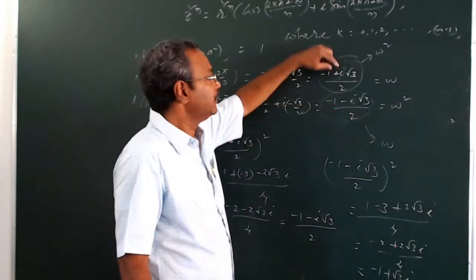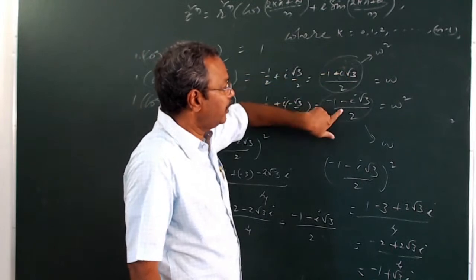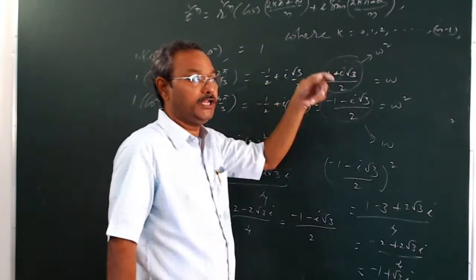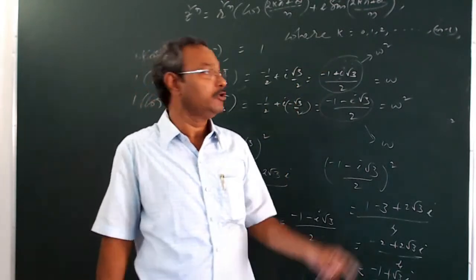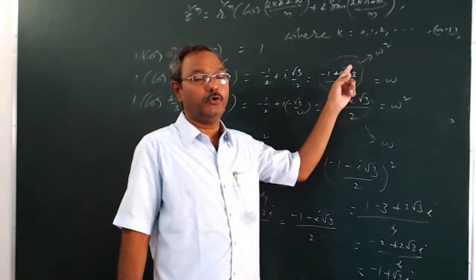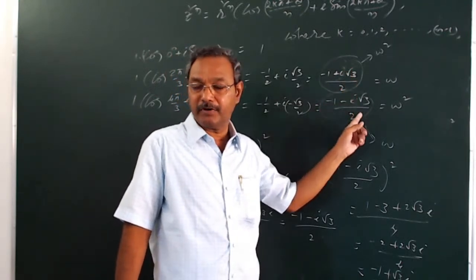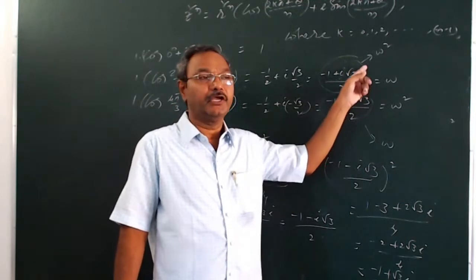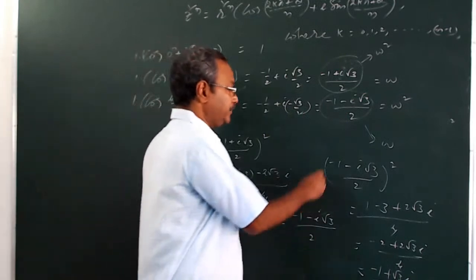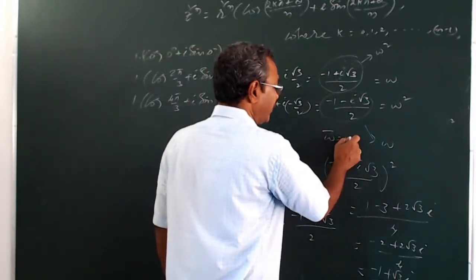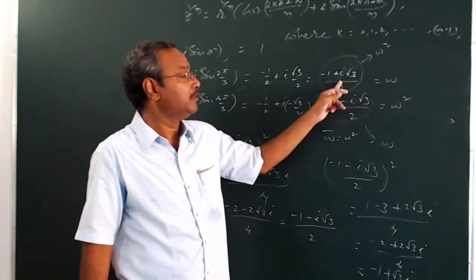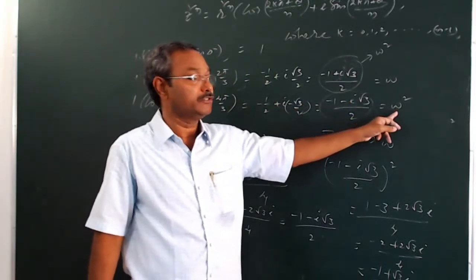The conjugate of this one is this one, and the conjugate of this one is this one. You can see that the difference is only the sign of the imaginary parts. So this is omega, this is omega bar. So omega square is the other one, and the other root is the conjugate of the first root. That means omega bar, the conjugate of omega, is omega square.